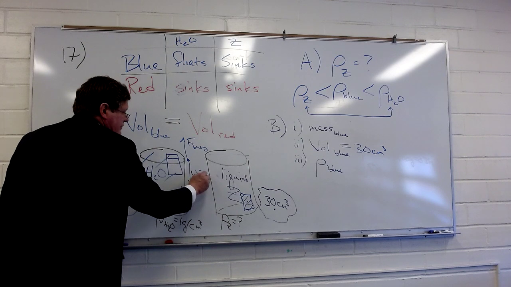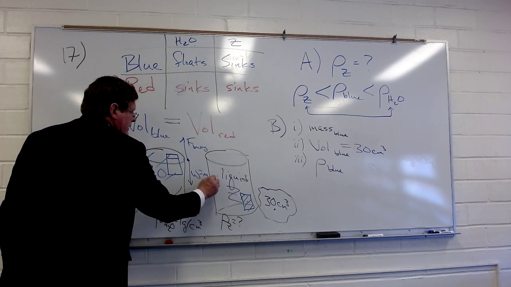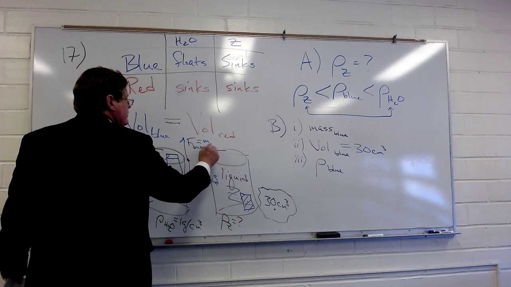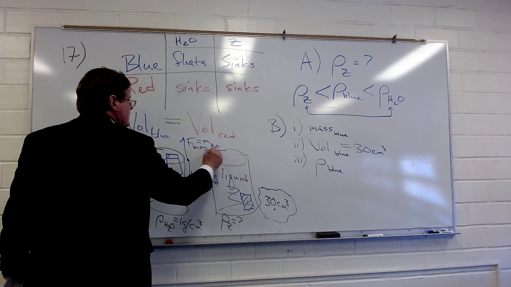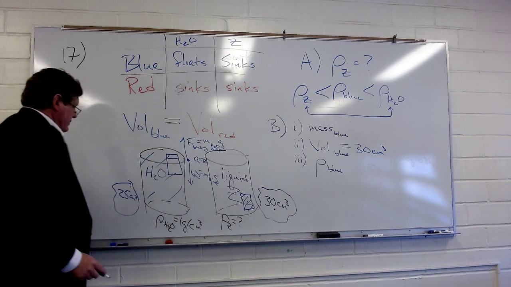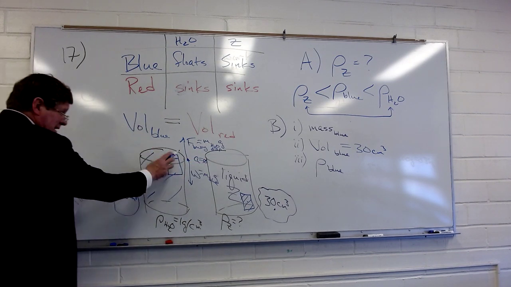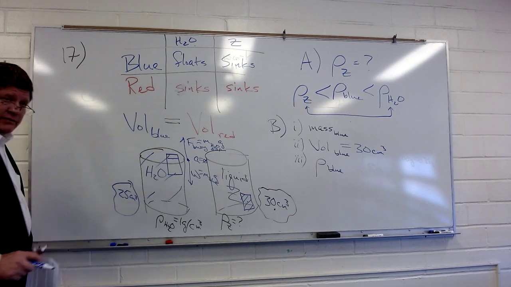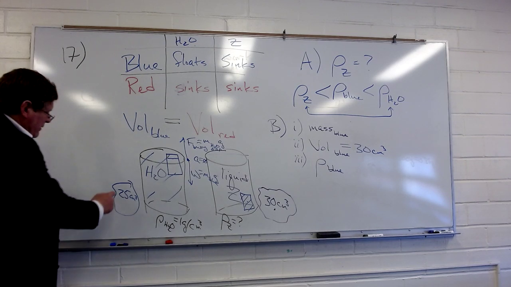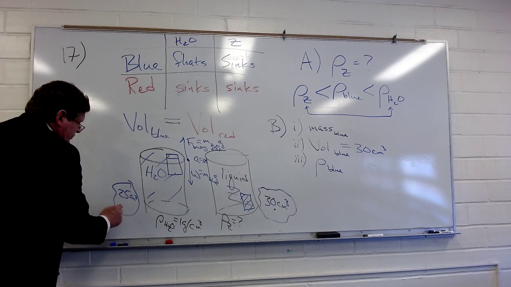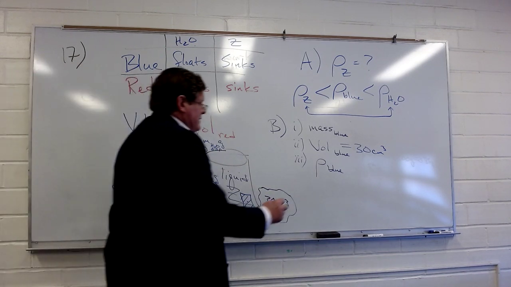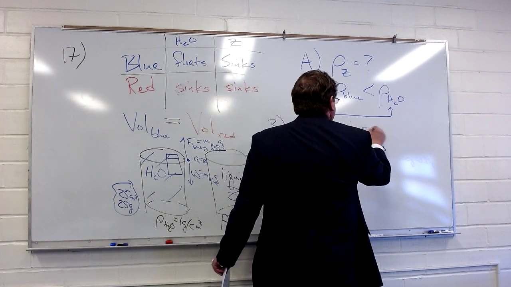Well, this is equal to the mass of the object, the blue object, times G, and this is equal to the mass of the liquid, in this case displaced, times G. And if it's floating, there's no acceleration, so that means the mass of that object is the same as the mass of the liquid displaced, which in this case means spilled. And I know that because this is water, 25 centimeters cubed has a mass of 25 grams. It's 1 for 1. And so that means the mass of the blue object is 25 grams.